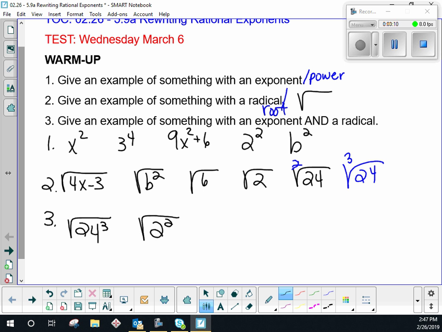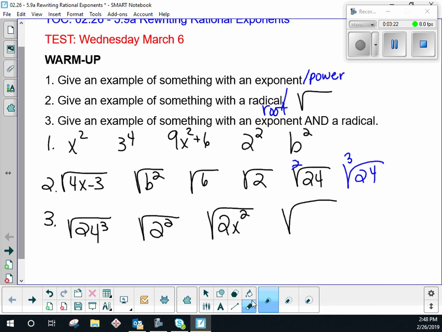The square root of 2 squared. The square root of 2x squared. Oh, I already wrote this one, sorry. Okay, so these are some examples where roots are combined with powers. And that is exactly what we're talking about today.